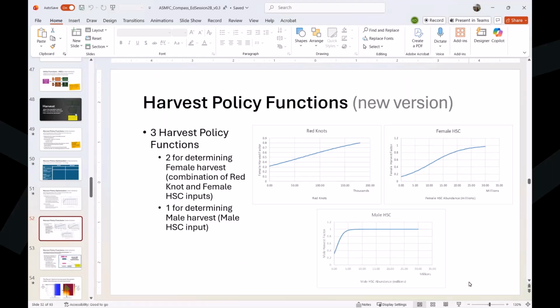So although the abundance of horseshoe crabs doesn't enter directly into utility or reward in this version, it's definitely an important component of the simulation models that underlie our understanding of how the system will behave in the future.